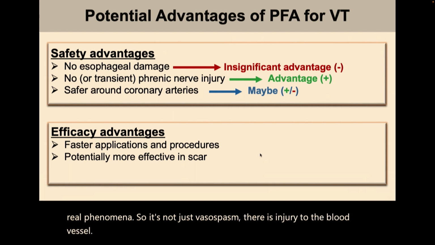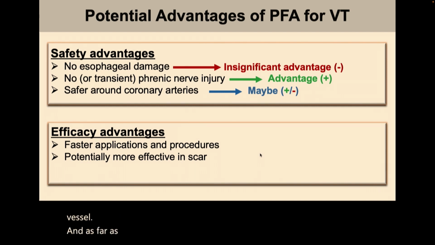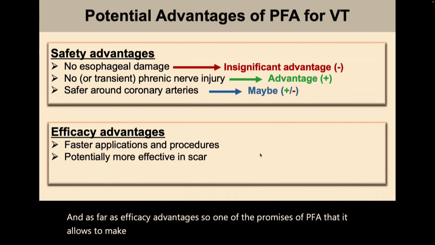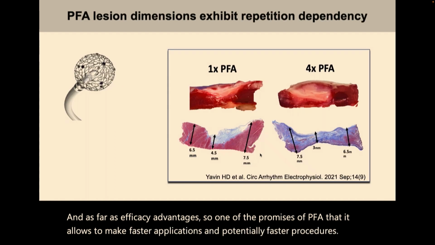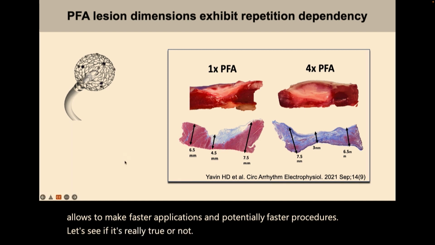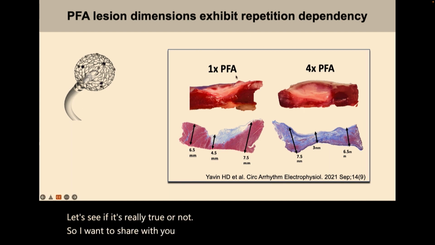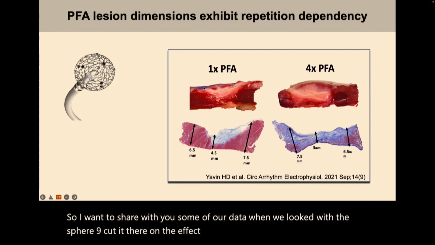As far as efficacy advantages, one of the promises of PFA is that it allows faster applications and potentially faster procedures. Let's see if it's really true or not. So I want to share with you some of our data when we looked with the Sphere 9 catheter at the effect of repetitive applications in the same location.